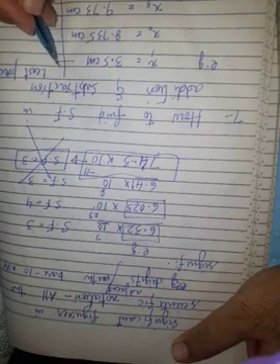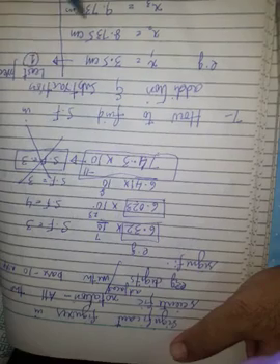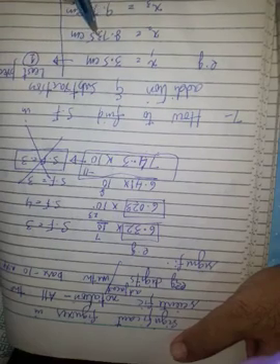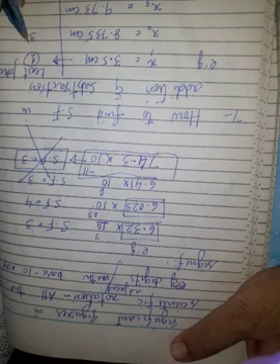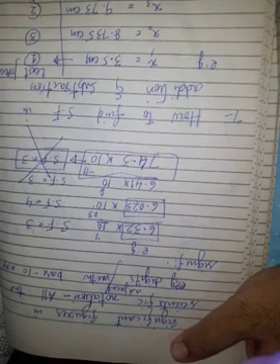In the first case, we have 1 digit. In the second case, we have 3 digits after the decimal point. And in the third case, we have 2 digits.